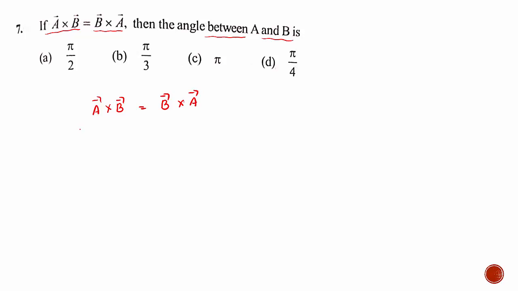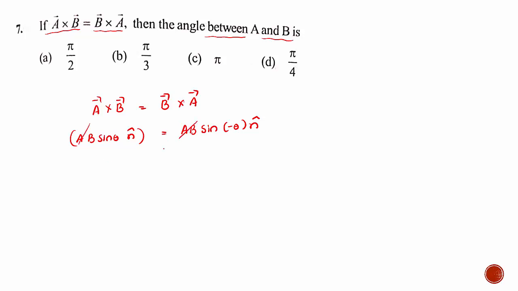So we know the formula for A cross B, that is AB sin theta into n cap. This is the formula for cross product. This is equal to, here this is B cross A, exactly opposite. So we can write AB, here this is sine of minus theta into n cap, exactly opposite to the LHS value.